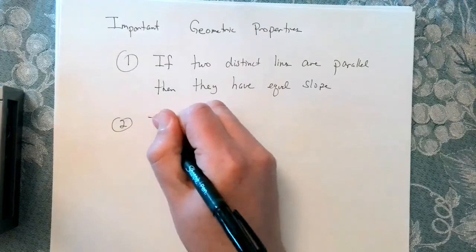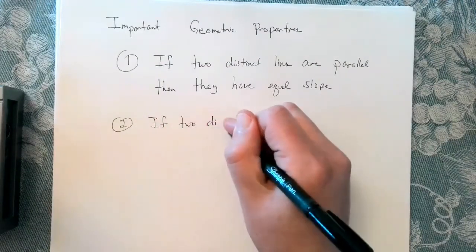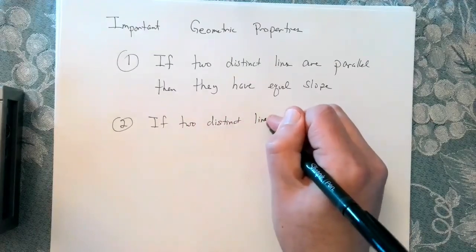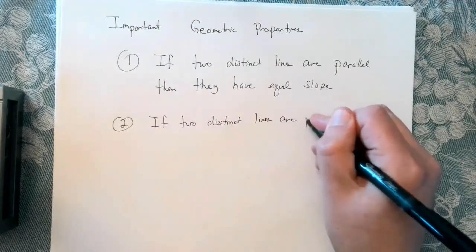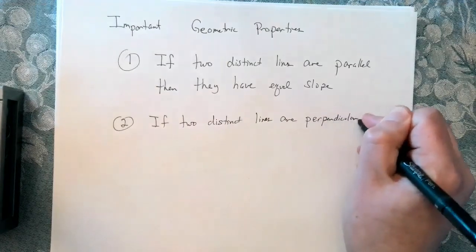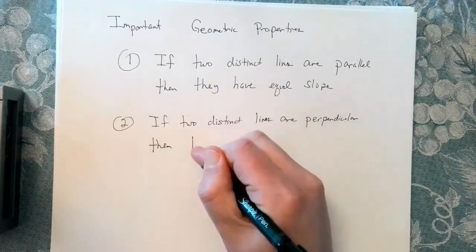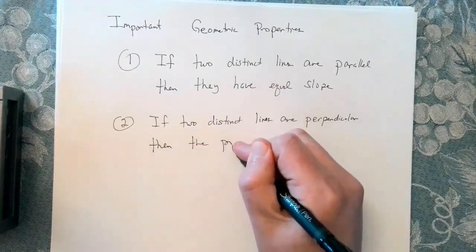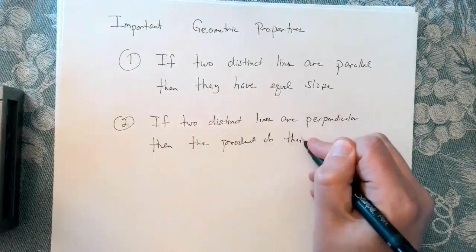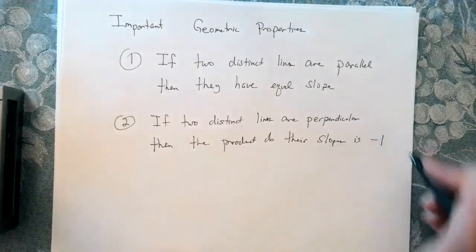And two, if two distinct lines are perpendicular, then the product of their slopes is -1.